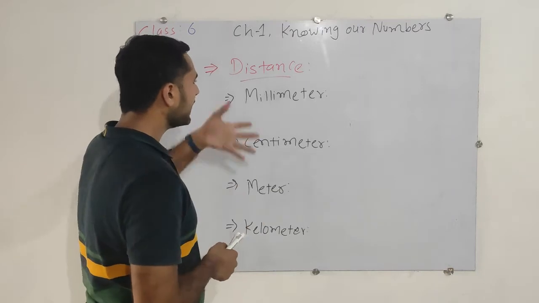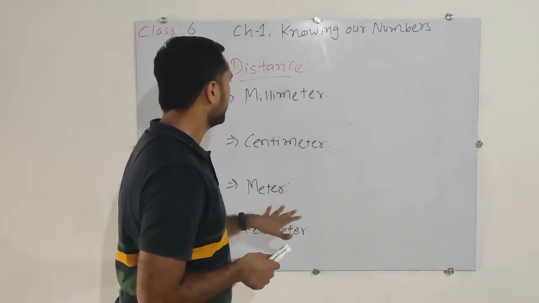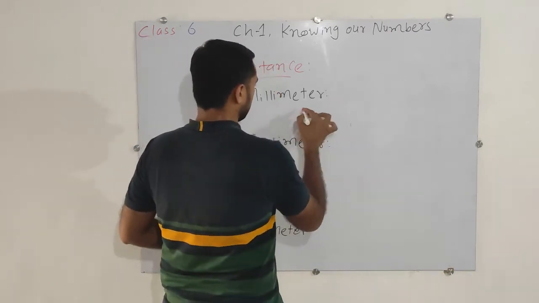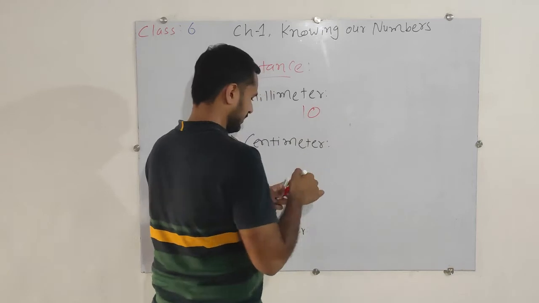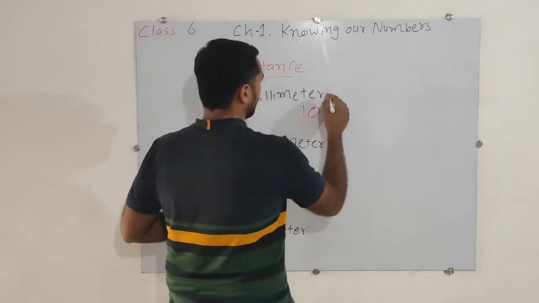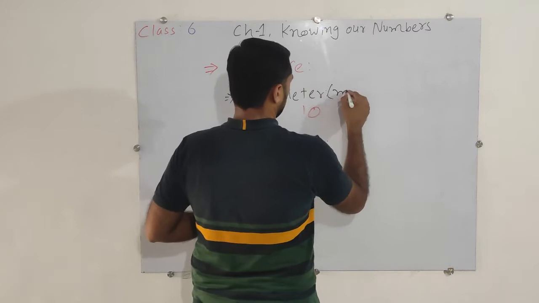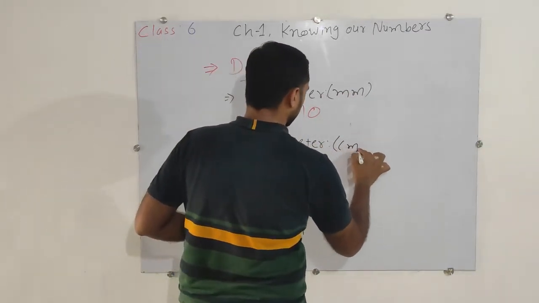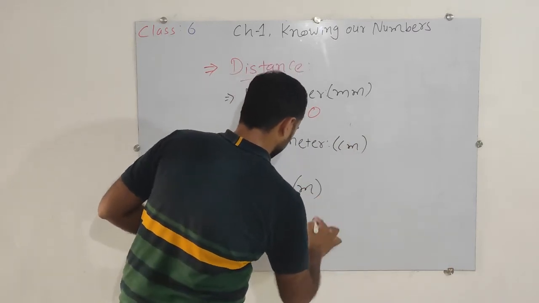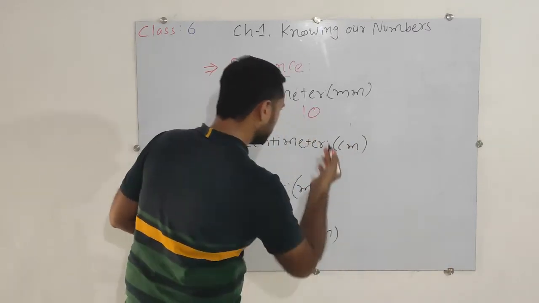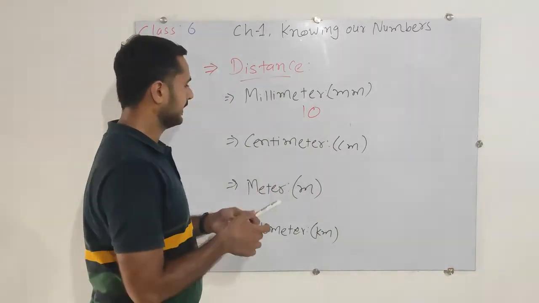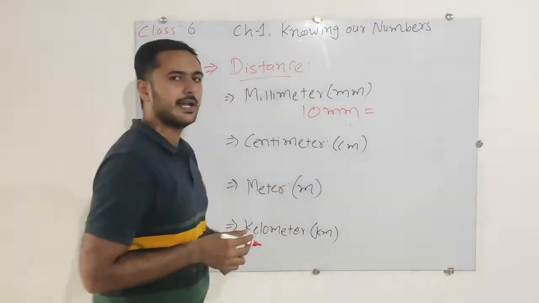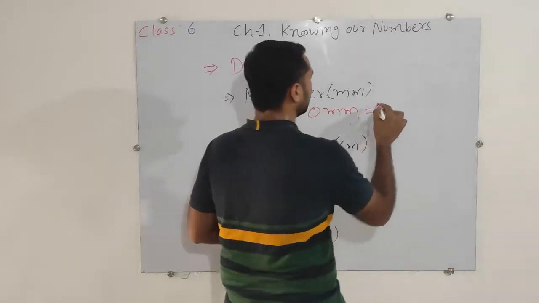Now let's understand the relation between these units. But before that, let me write down the symbols: mm, cm, m, and km. Now 10 mm is equal to 1 centimeter.